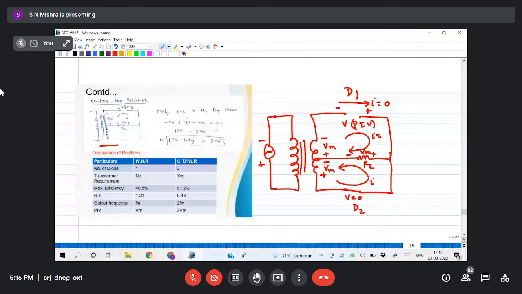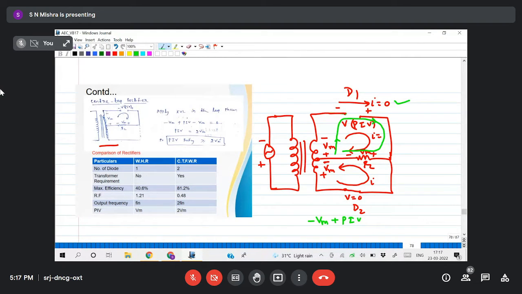Now apply KVL in the upper loop, plus to minus, the green line I am drawing. Minus VM, then across the open circuit, that is plus PIV, then moving across the load. Across the load, will I get current or not? This is open, so will I get current or not? No current. Think again.